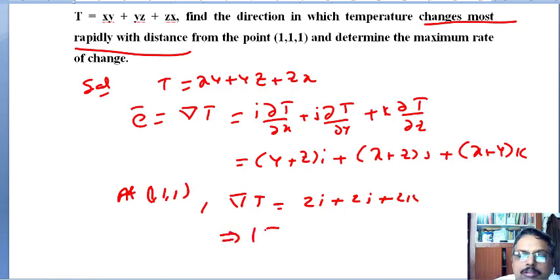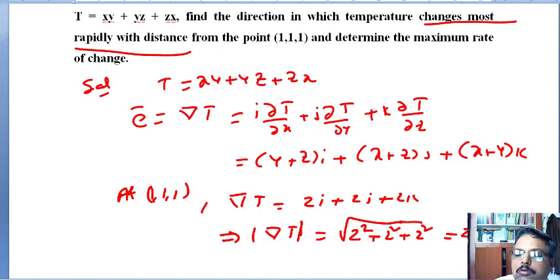Magnitude equals the modulus of del T equals the square root of 2 square plus 2 square plus 2 square, nothing but 2 root 3. So in this direction, the given function has maximum directional derivative, and the maximum directional derivative is 2 root 3.